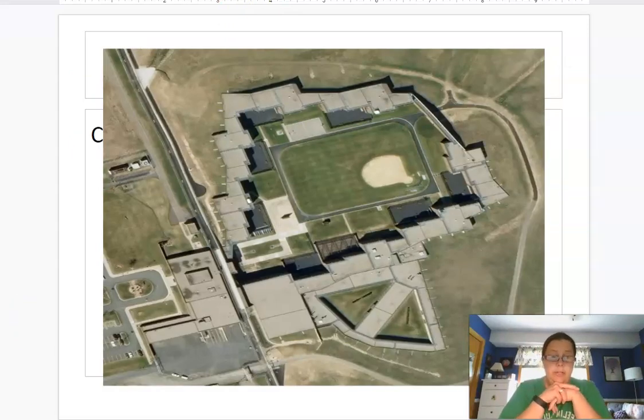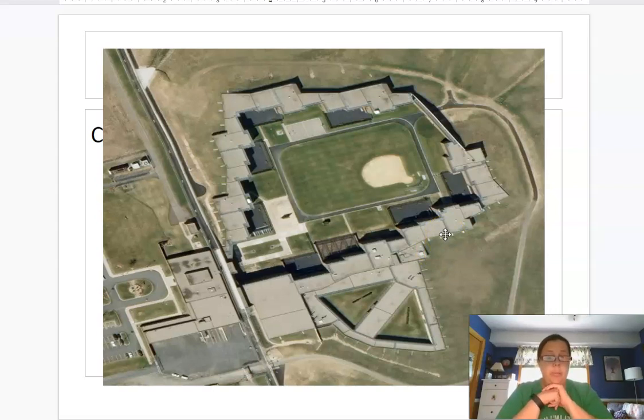Now, this is an aerial view of Oak Park Heights. Oak Park Heights is Minnesota's only state maximum security prison. Here you can see the intake building. It's kind of hard to see, but if you look close, the prison itself is built down into the St. Croix quarry.